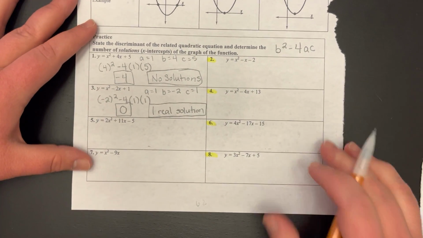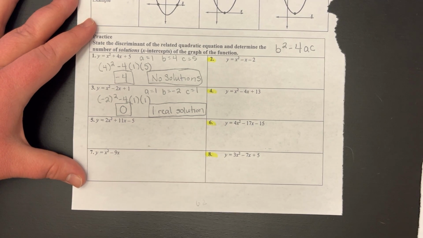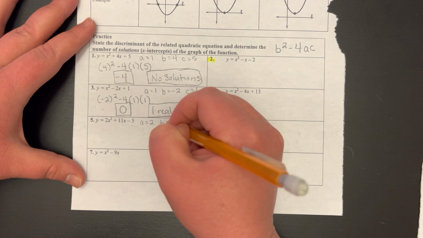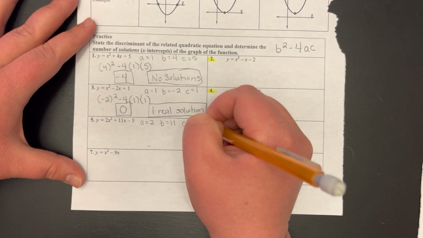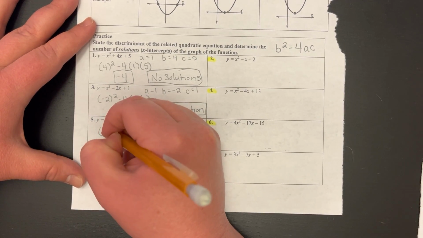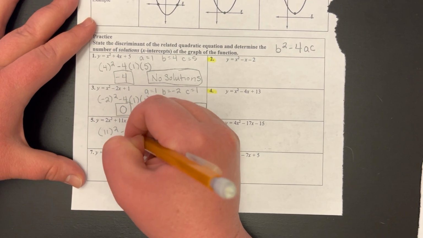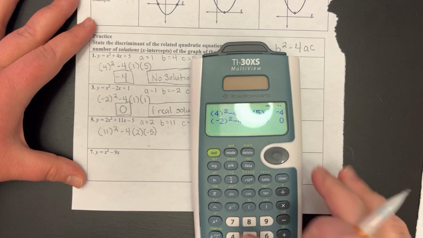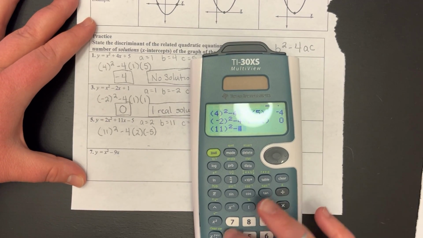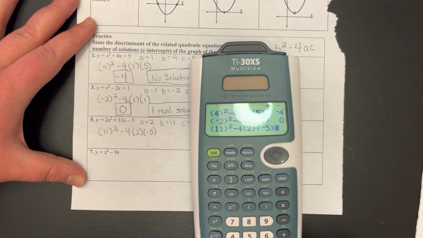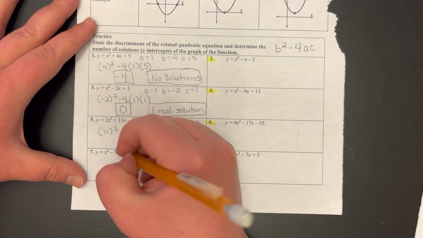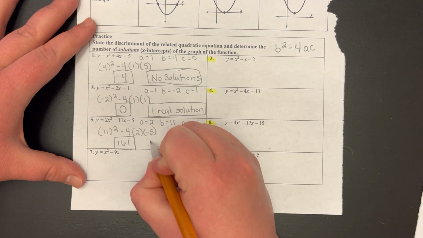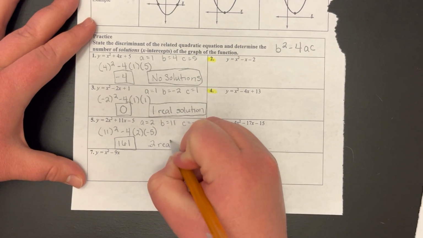All right, number 5. Everything that I need on the correct side is already there. So a is 2, b is 11, c is negative 5. Okay, so 11 squared minus 4 times 2 times negative 5. Which is 161. So my discriminant is 161, meaning there are two real solutions.